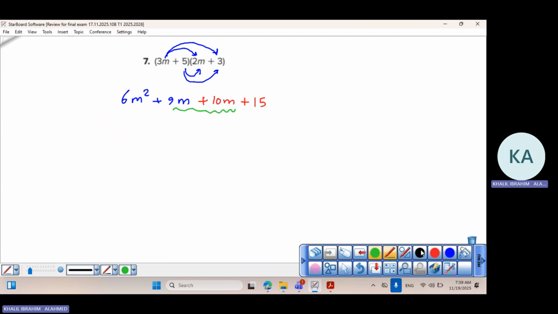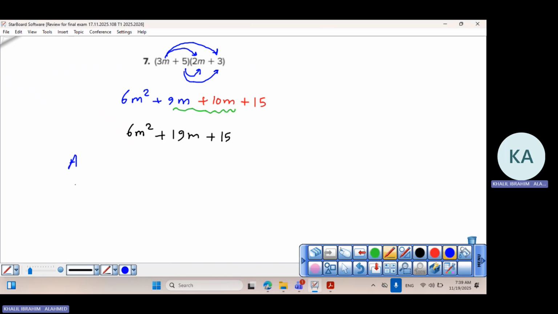The final answer is 6m squared, 9m plus 10m equals 19m, plus 15.